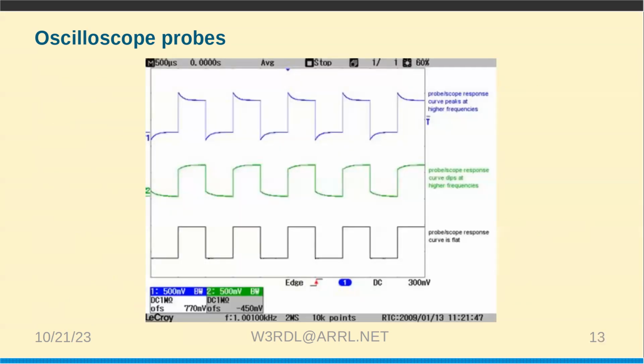There's an example of what you might see when you put the test pattern on the probe. If you're undercompensated, you're going to see the top waveform, so you're getting extra harmonics in there. If you're overcompensated, you get rounding. And when you have it, quote, perfect, it looks like a nice, perfect square wave.